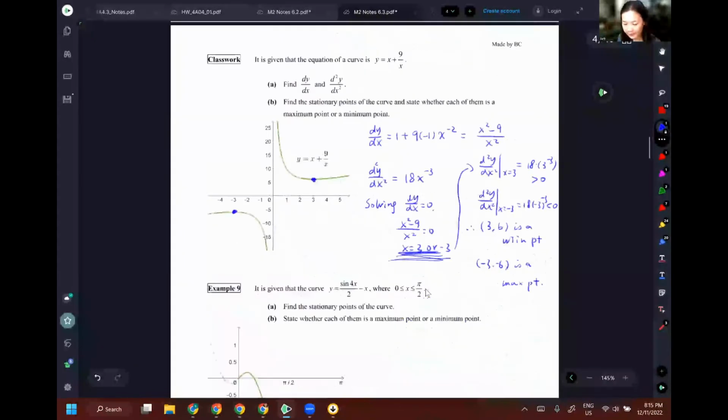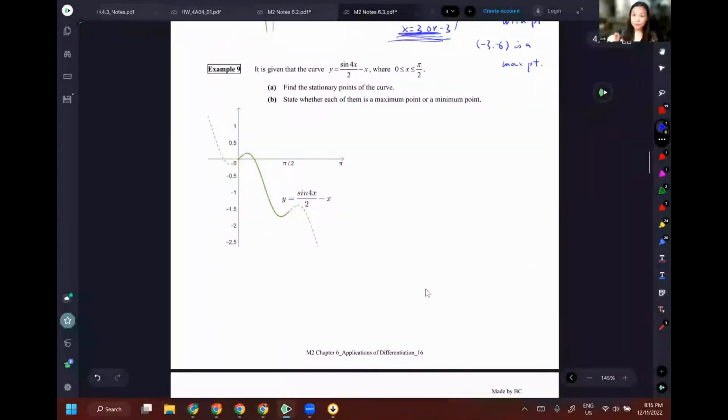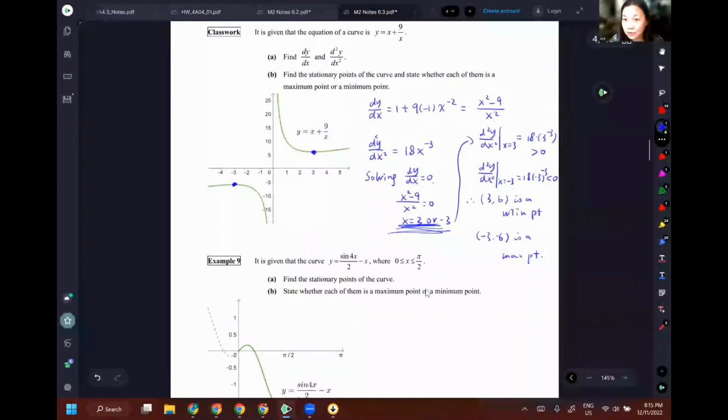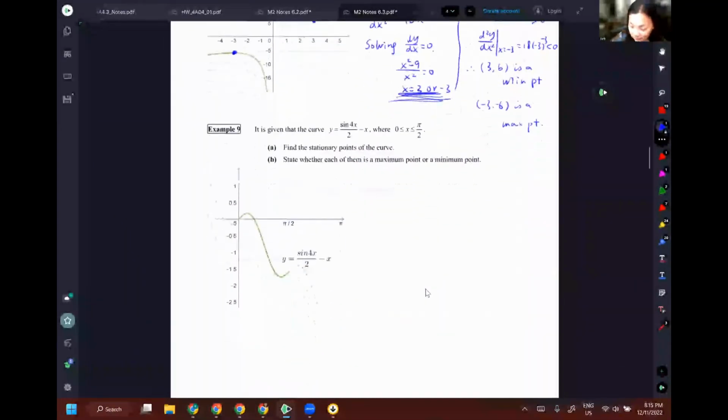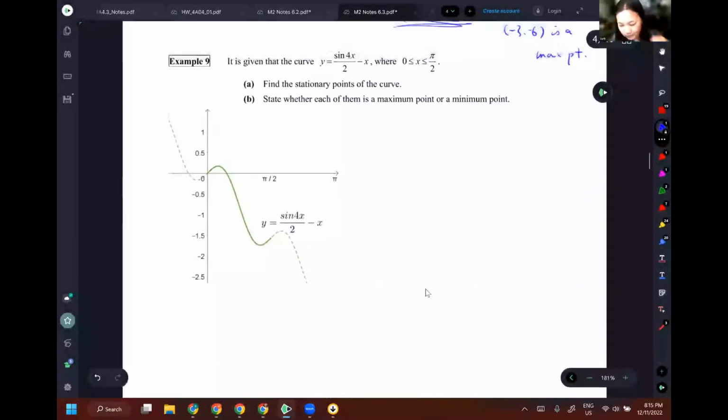Example 9. Maybe I'll show the classwork here. It's given that the curve is this. Find the stationary points. A, y prime equals cosine 4x times 4 divided by 2, minus 1.